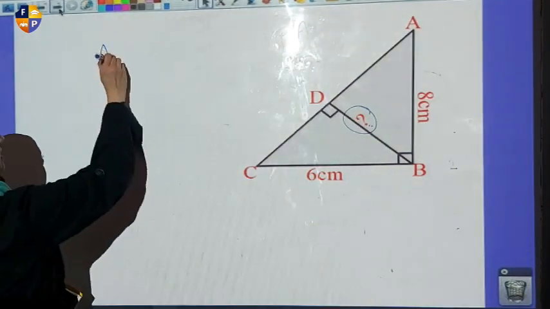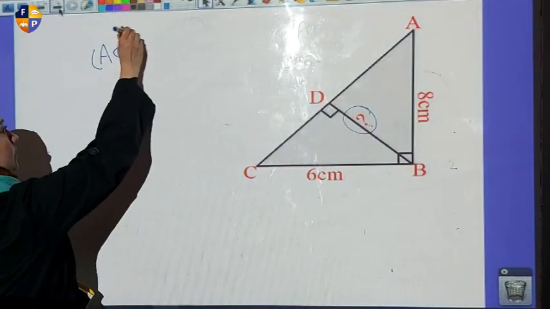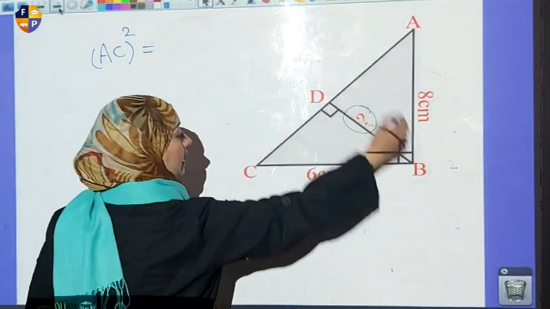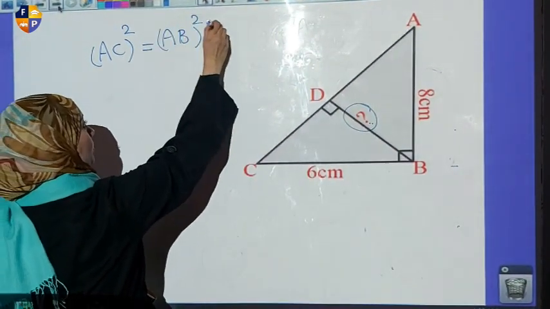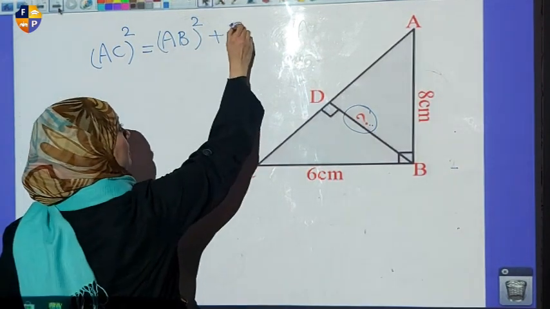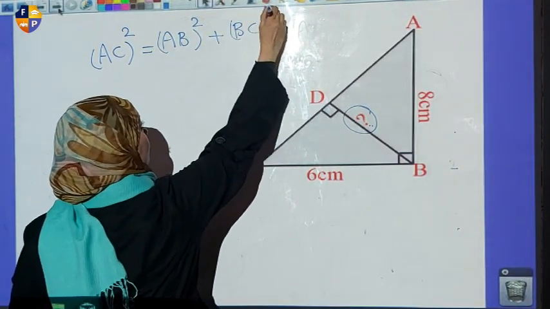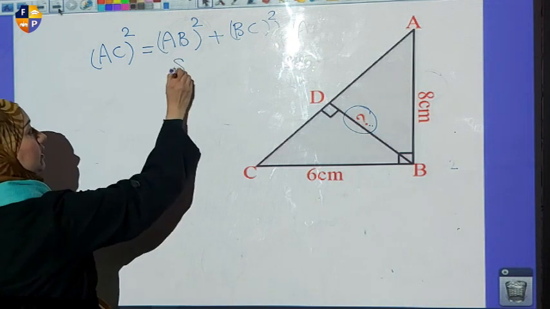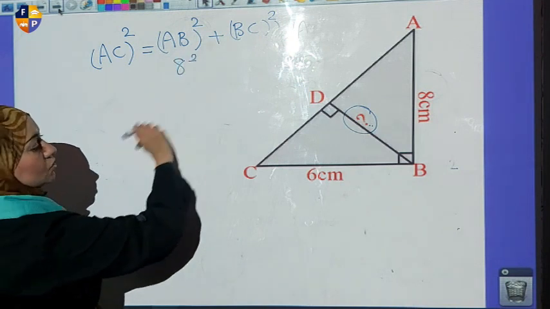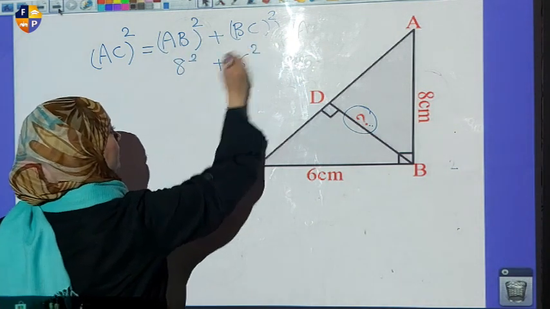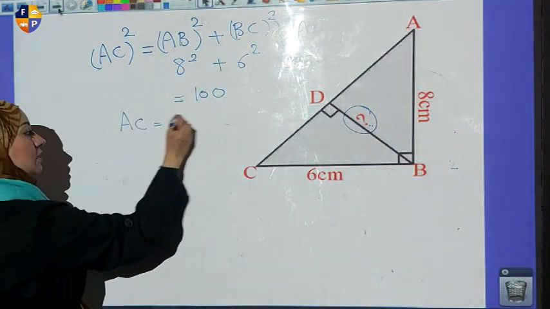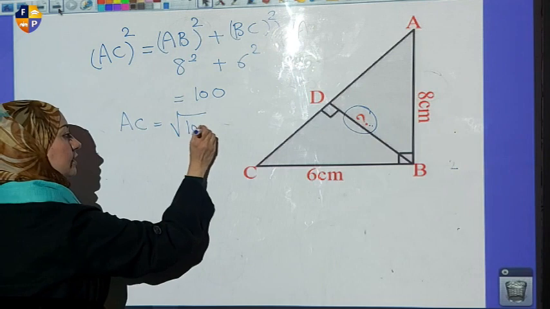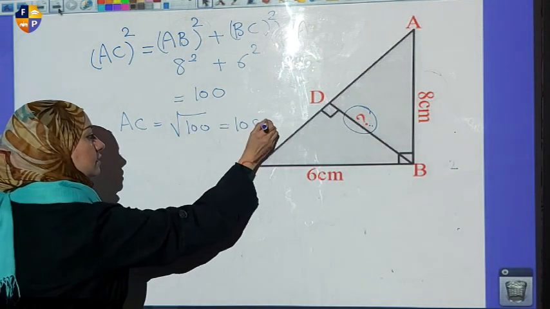AC square equals AB square plus BC square, equals 8 square plus 6 square, equals 100. So AC equals the square root of 100 equals 10 centimeter.